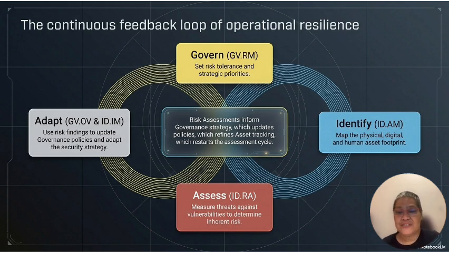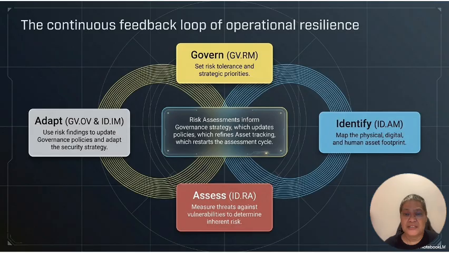And then we identify by mapping and creating a blueprint or the footprint. Then we start assessing, right, the threats against what's in our organization. We start calculating likelihood and impact, right? And then we adapt, right?